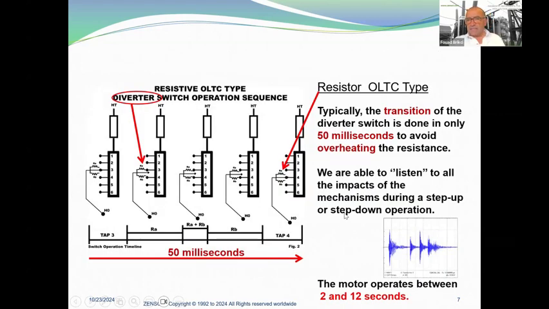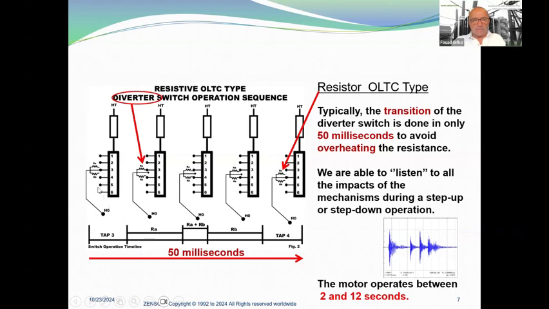Typically, the transition of the diverter switch is done in only 50 milliseconds to avoid overheating the resistance. We are able to listen to all the impacts of the mechanism during a step up or step down operation. Here you can see a zoom on the vibroacoustic signal, and from here to here, we have close to 50 milliseconds.